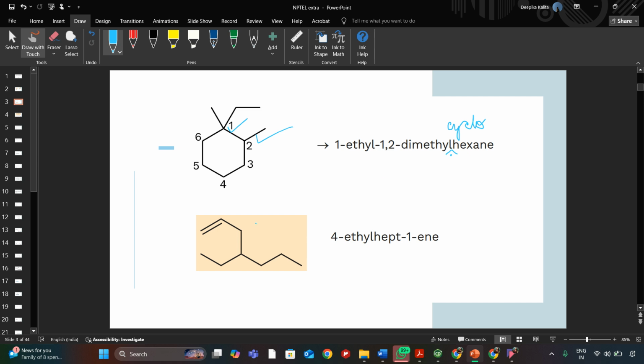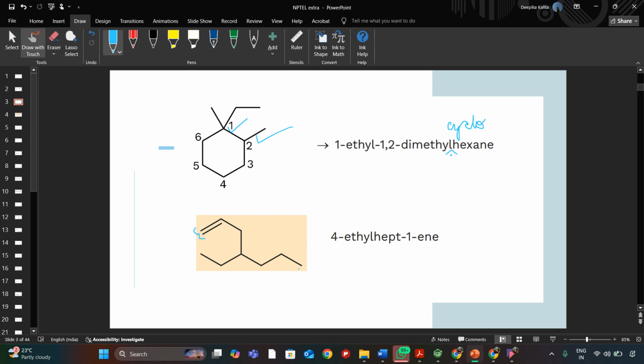So let us move to the next one now. In this one, we have a carbon-carbon double bond. So for this one, this double bond is now going to get priority in the numbering. The longest chain would be 1, 2, 3, 4, 5, 6, 7.